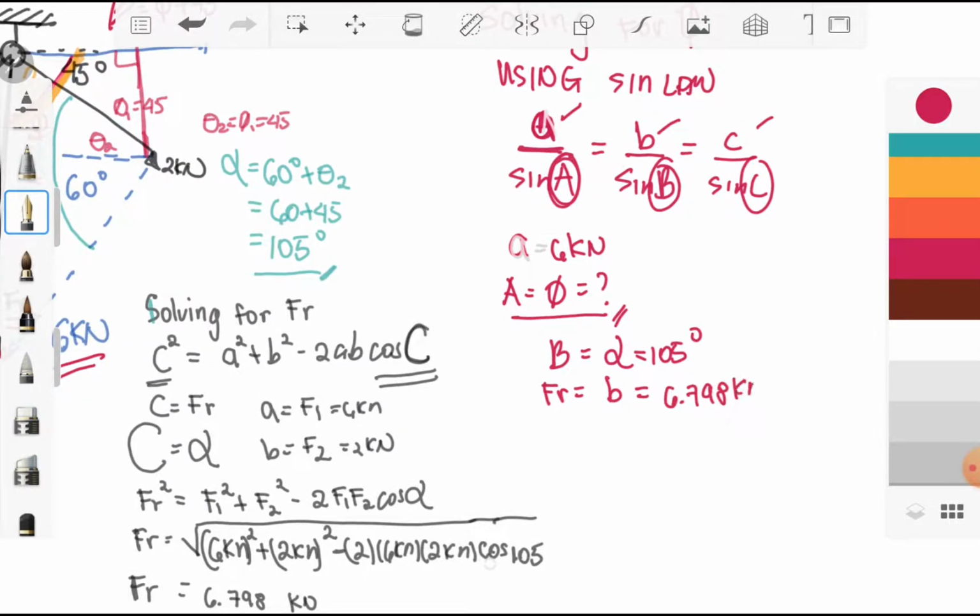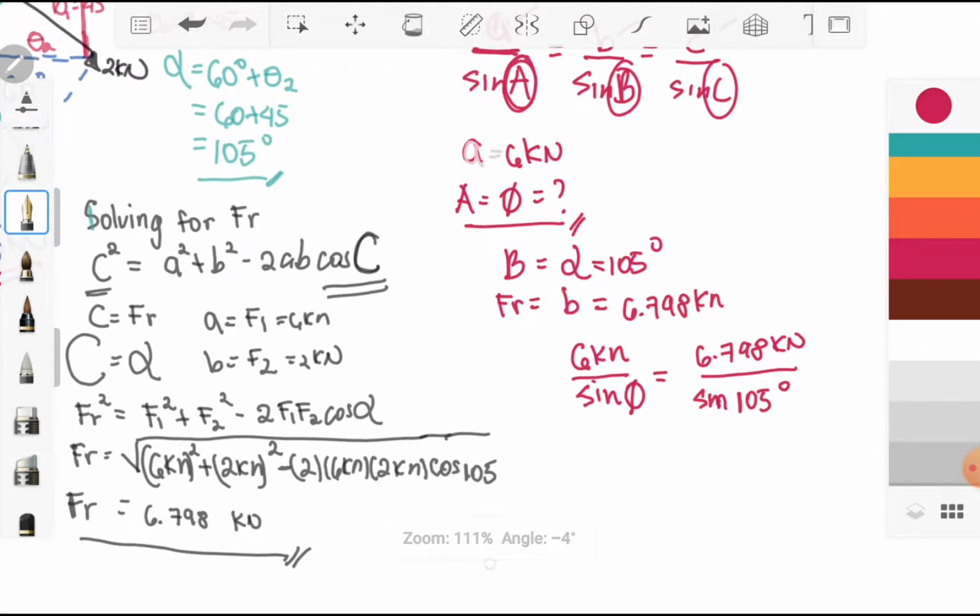Substituting all terms, you have 6 kilonewton divided by sine phi is equal to 6.798 kilonewton divided by sine 105 degrees.